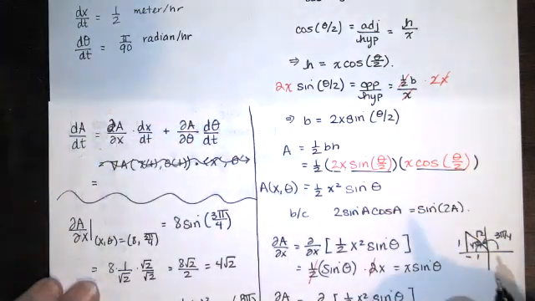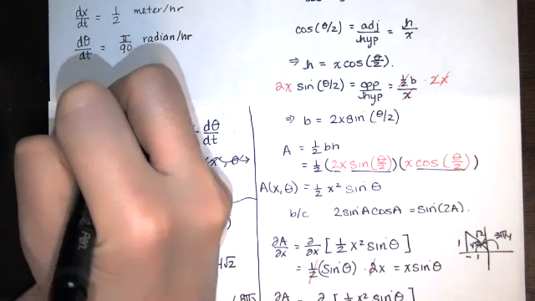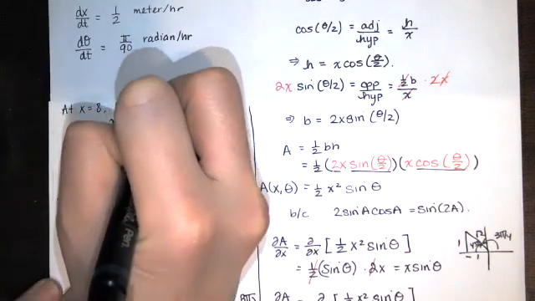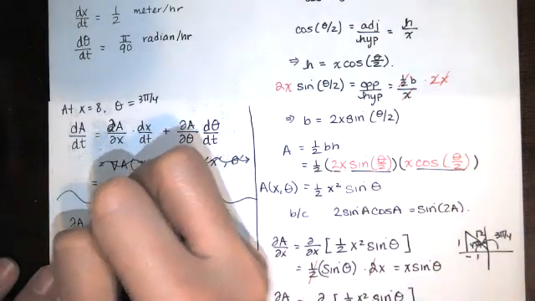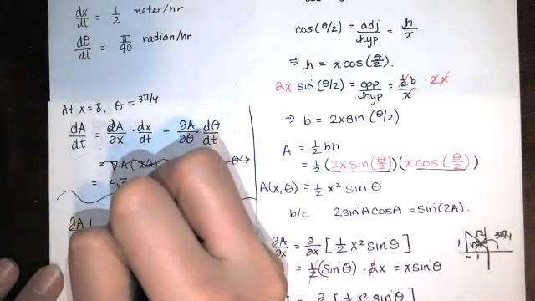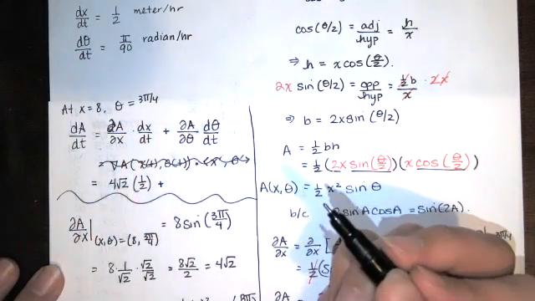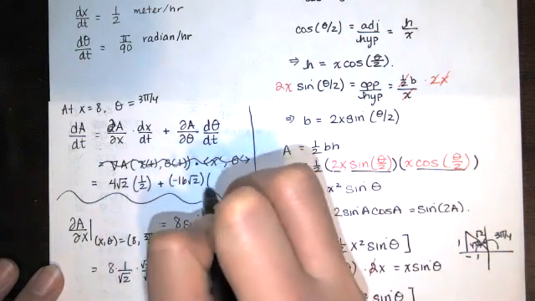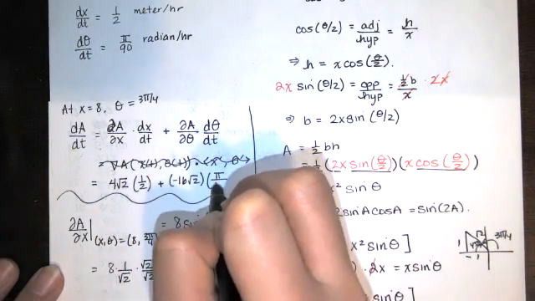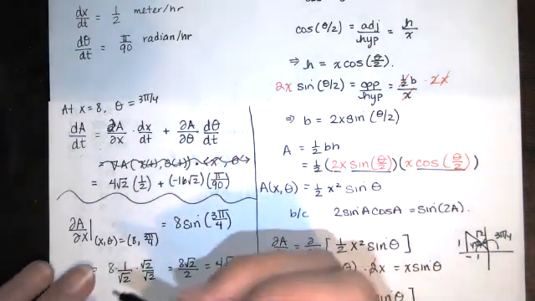The partial of a with respect to x at x equals 8, theta equals 3 pi over 4 is 4 times the square root of 2, and dx dt is 1/2. Then we're adding the partial derivative of a with respect to theta, which is this negative 16 square roots of 2 times pi over 90. It actually doesn't simplify very nicely at all.